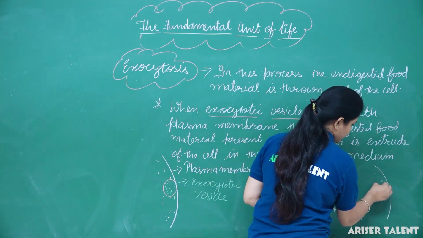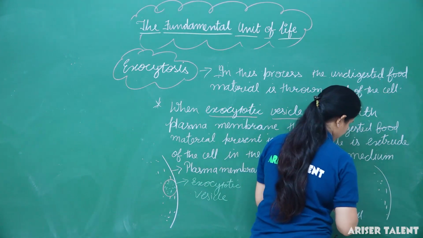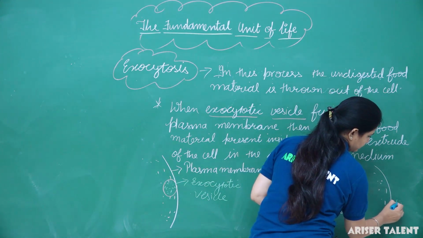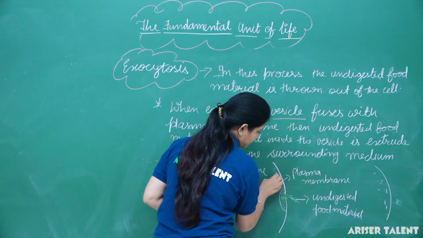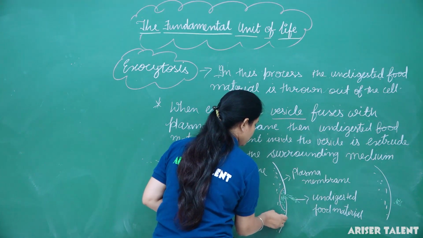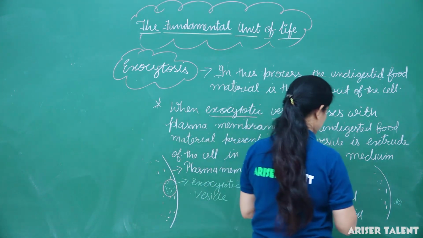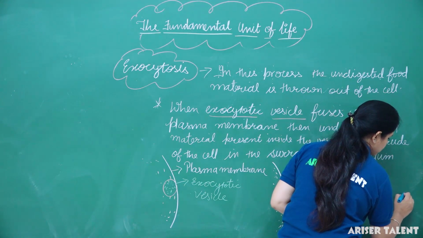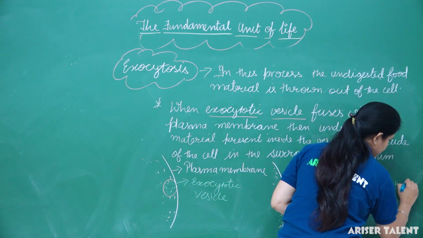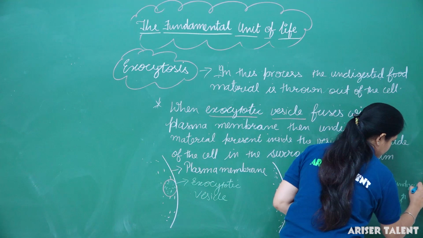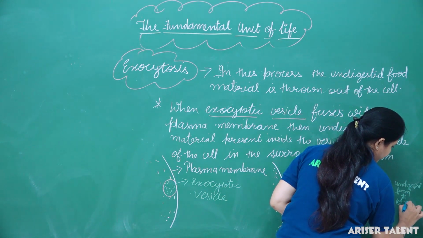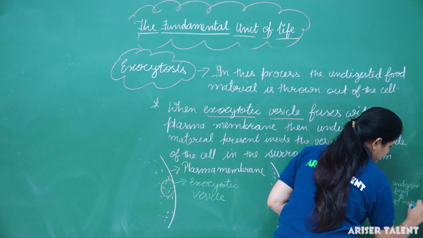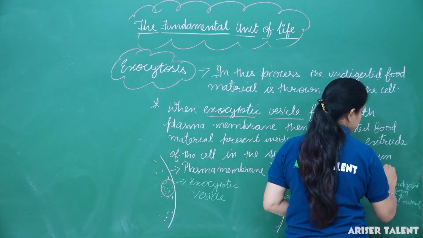And thus we can say here is the undigested food material, which has already been thrown out of the cell. Undigested food material, and this is the plasma membrane.